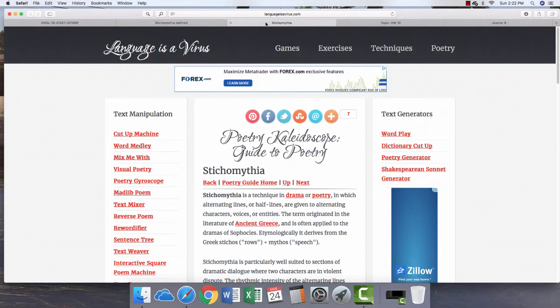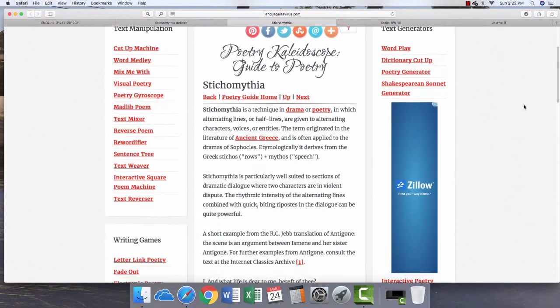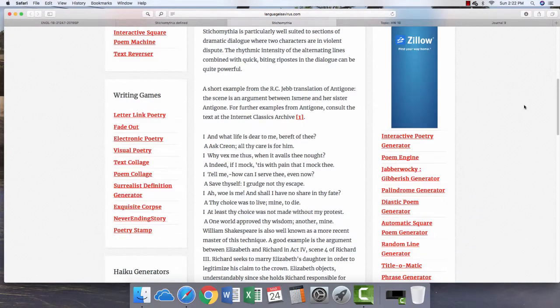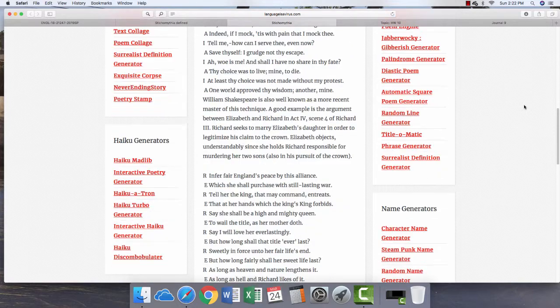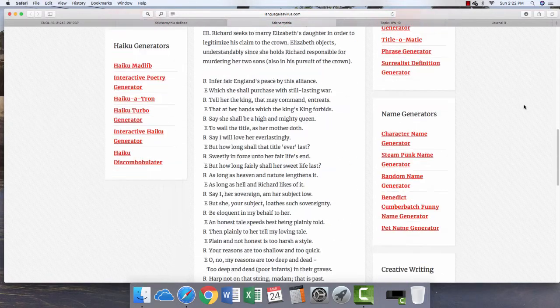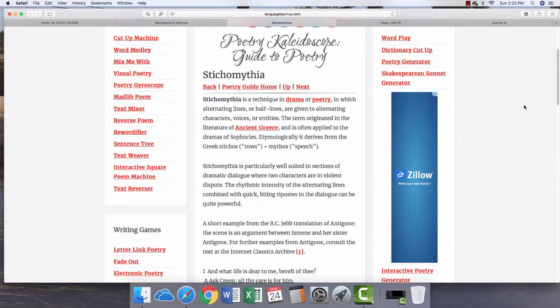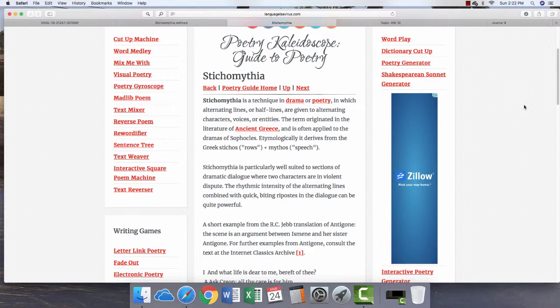And then the next external link that you have goes to this lovely site called Poetry Kaleidoscope, a guide to poetry. And you have another definition of stichomythia. It's a bit more developed, and there's a little bit more information about it, so that's very nice. It's a technique in drama or poetry in which alternating lines or half-lines are given to alternating characters, voices, or entities.